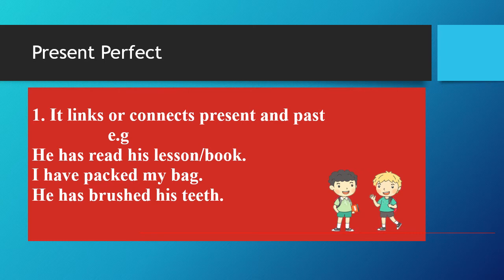I have told you that with singular subjects we use has plus past participle, and with plural subjects like I, we, they, you, we use have with third form of verb or past participle. I hope you understand it. So I'll explain present perfect tense to you a little more.